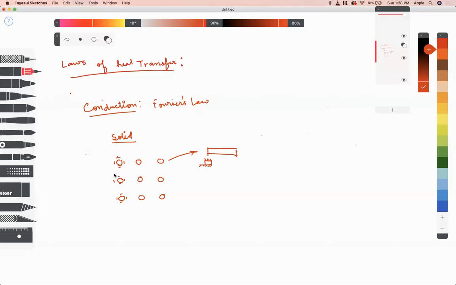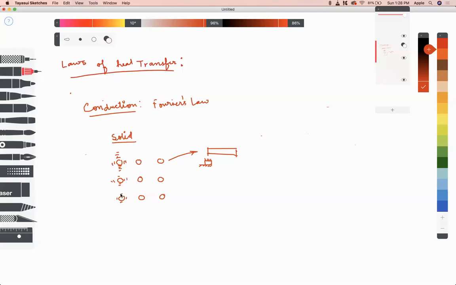So definitely all the atoms, it doesn't matter whether they are part of a non-living thing or a living thing, will keep on vibrating depending upon their temperature, and the intensity of vibration will increase or decrease depending upon the absolute temperature of the body. That's classical physics. In this case, this vibration will continue, and since you are heating the metallic part, the vibration will tend to increase on this side.